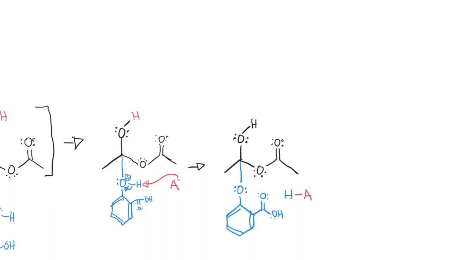And just like that, our acid has been reformed. So our acid now has that proton on there, hence the catalyst. Okay, so in this step, what's going to happen is we're going to start to reform our carbonyl group.